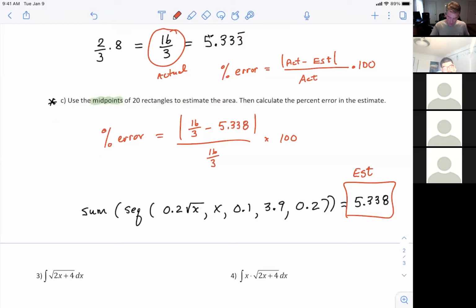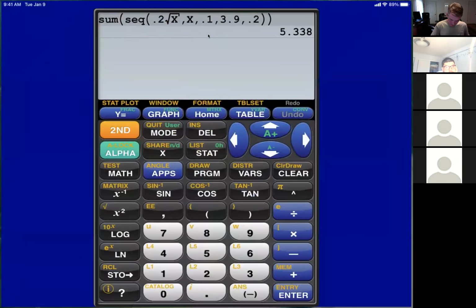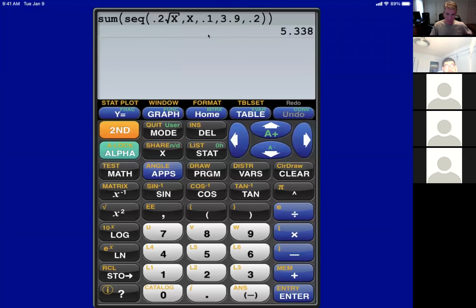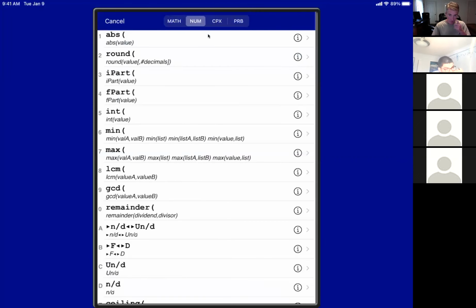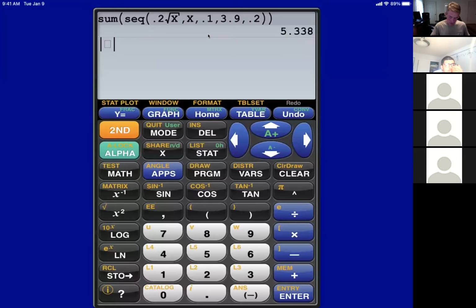So now going over to the calculator. If you go to math and then to number, the very first one is ABS, which you might think is anti-lock braking system, but it's not, it's absolute value. So absolute value, 16/3.